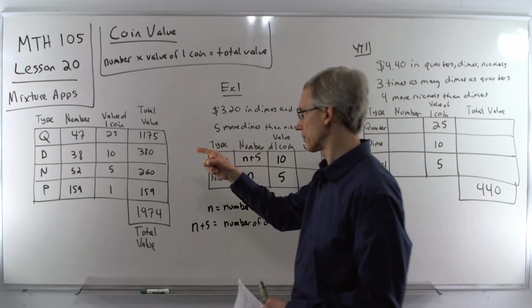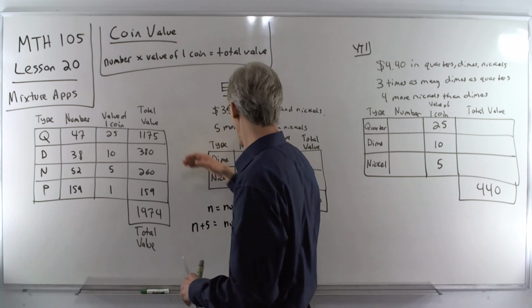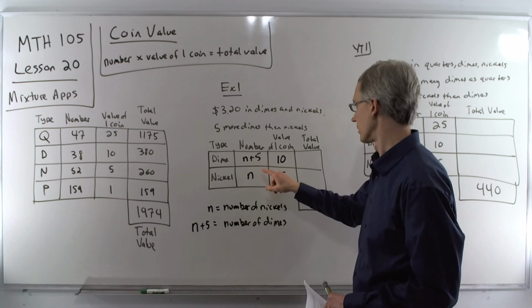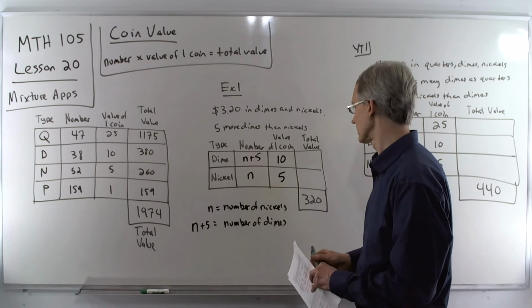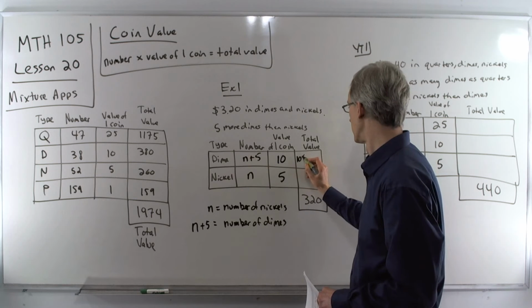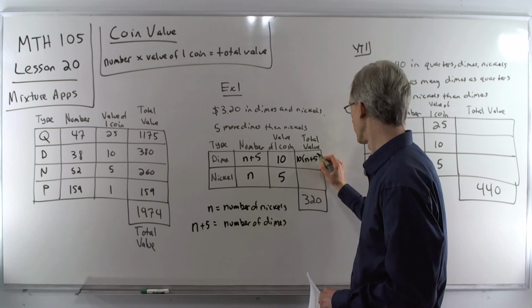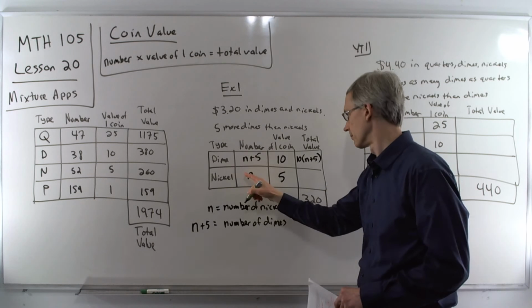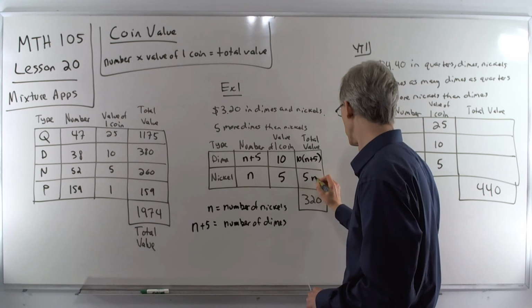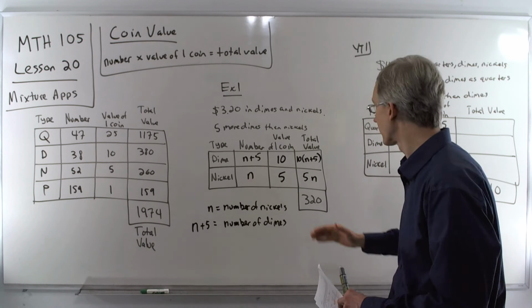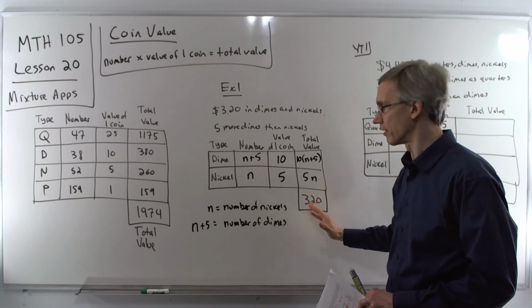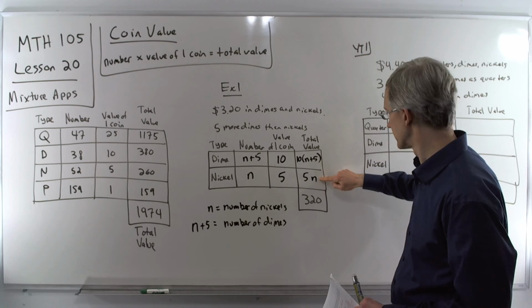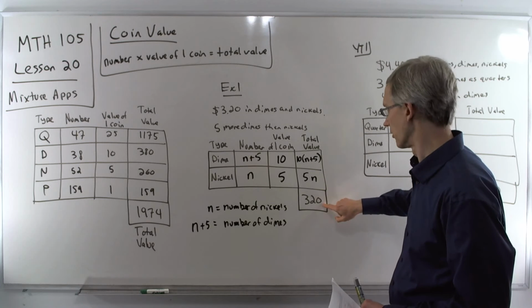Now we're going to do exactly what we did over here. Multiply straight across. So we're going to multiply 10 times n plus 5. Make sure you put the n plus 5 in parentheses. And then multiplying straight across here, we get 5n. And now we've got a column here that we can add together. We're going to add this plus this equals the total.